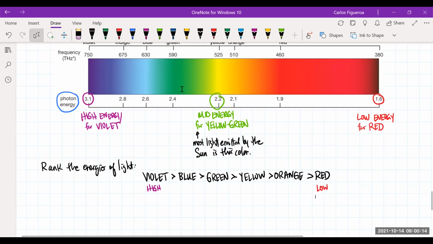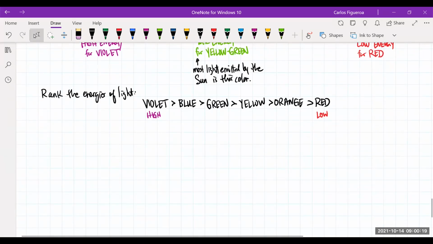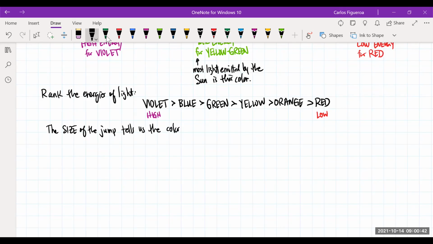So now we can go back and look at what actually happens. So remember what we said here before. What we said here is that the size of the jump tells us the color of the emitted light, right?